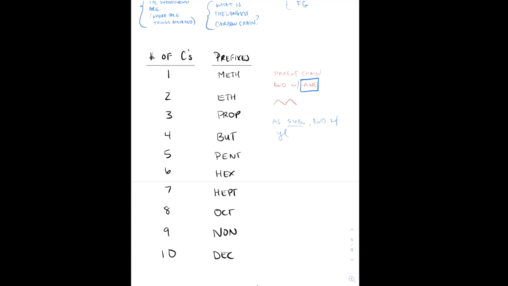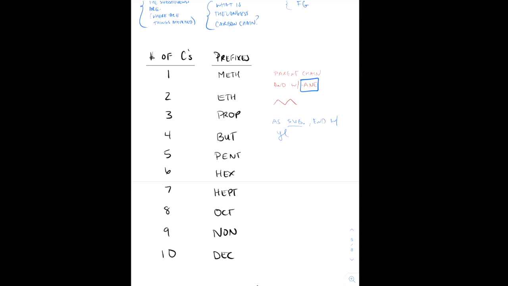If the number of carbons in this group is the parent chain, then we put the prefix for that number of carbons and finish it off with -ane. That's basically how we would name an alkane.